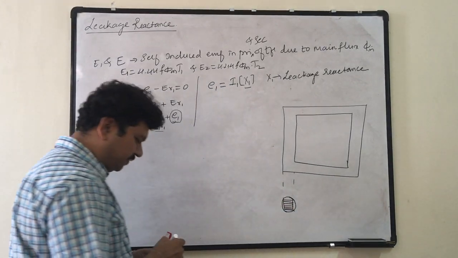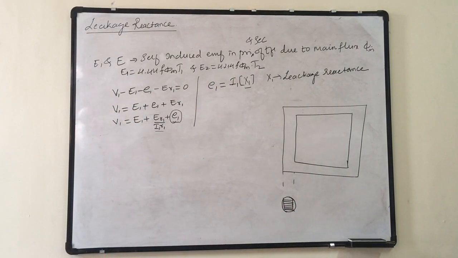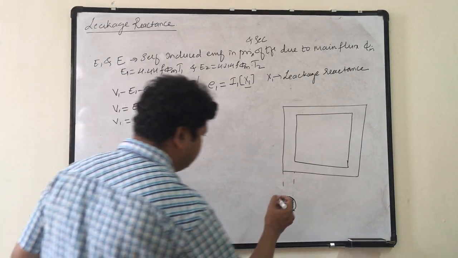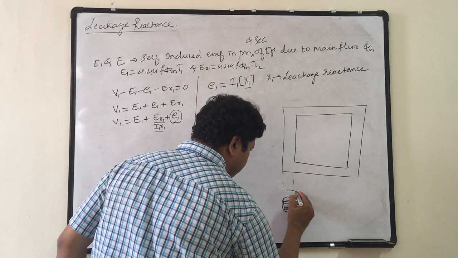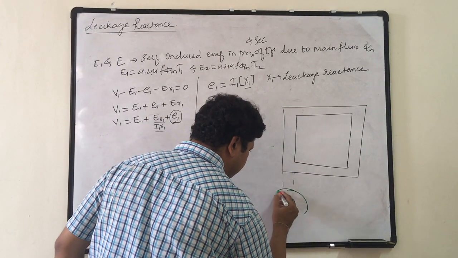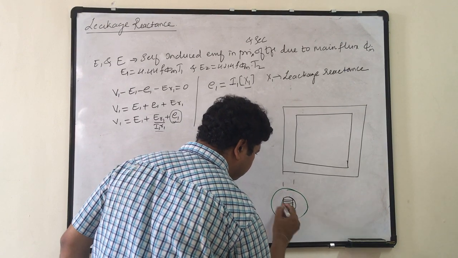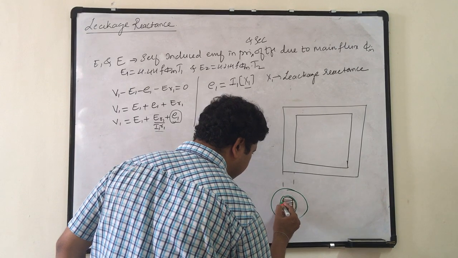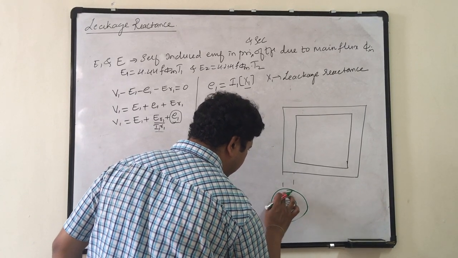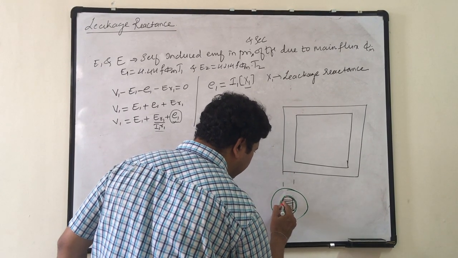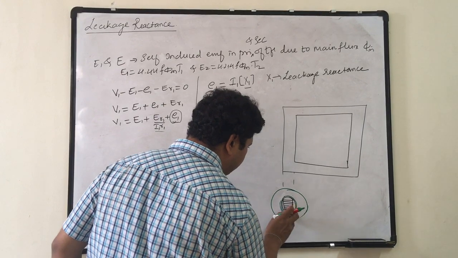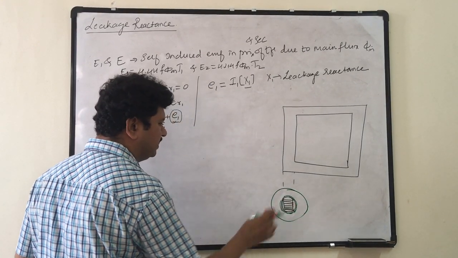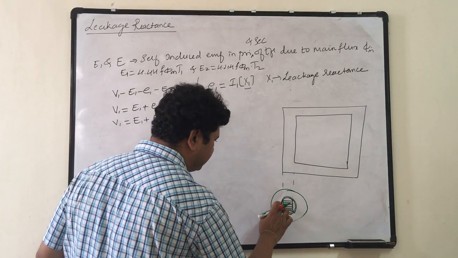Then I have, say for example, the primary winding. This we have already seen in the first class on transformers, how the windings are placed, but it will be a brief repetition also.